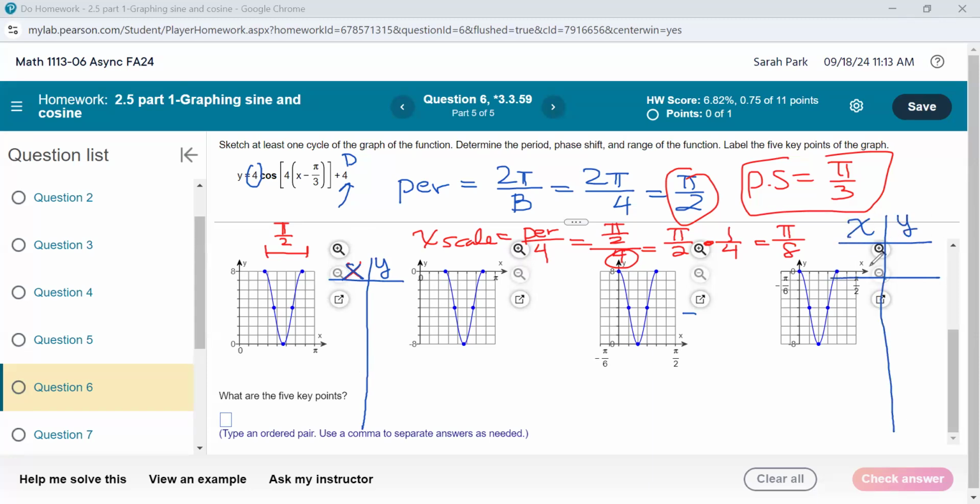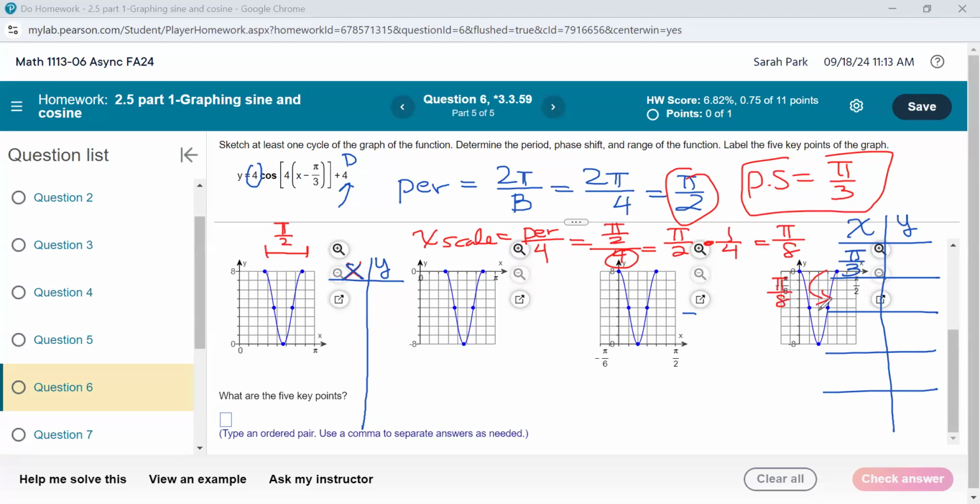Okay, the first value is going to be your phase shift. Here's pi over 3. And then we need 5 key points. Okay, 1, 2, 3, 4, 5. Every time you want to get the next point, we have to add the x scale.